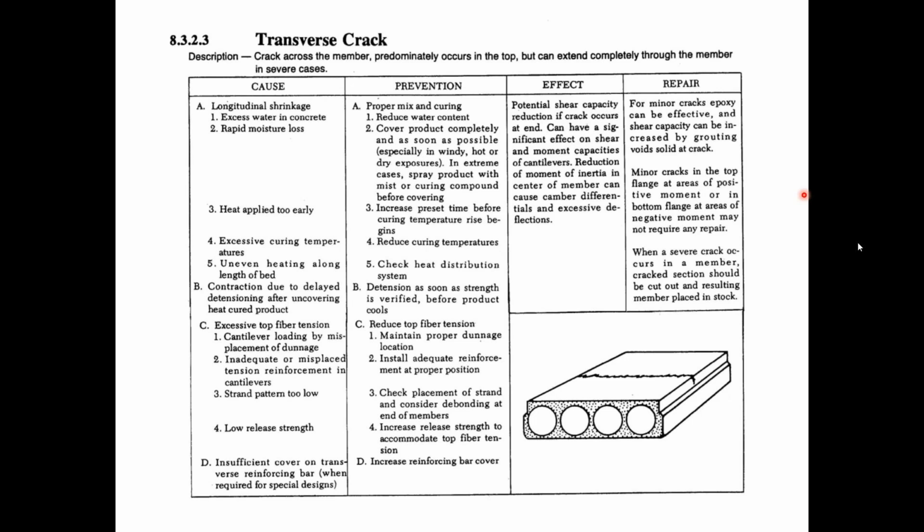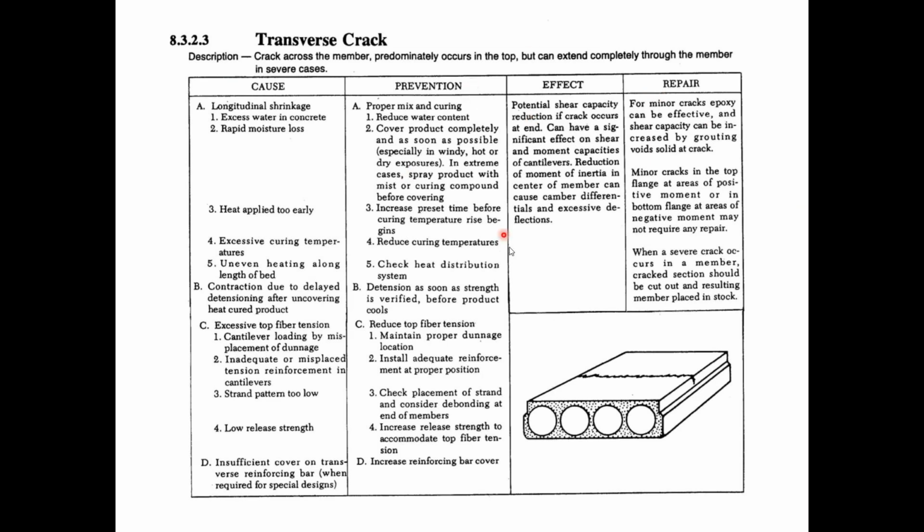So maybe you had a little bit too much water in the concrete, or the conditions caused the moisture to evaporate quickly, or it could be contraction due to delayed tensioning after uncovering it. So the tendons haven't been released yet, but the concrete starts to shrink, and so on and so forth. And then it gives you the appropriate prevention method here.